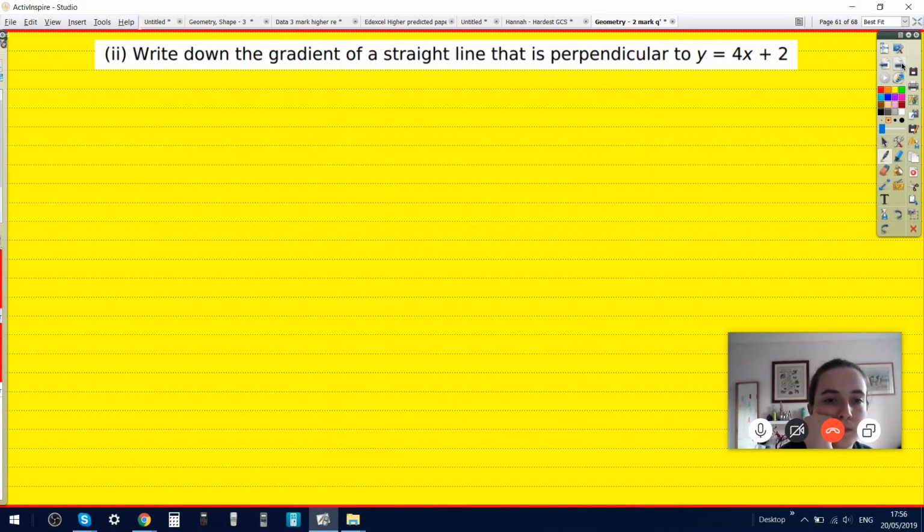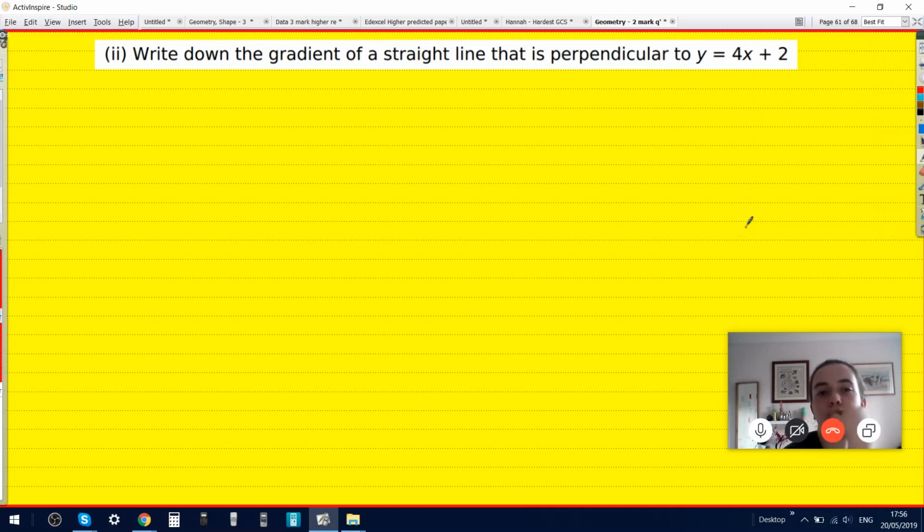Gradient. How about this one? Y equals 1/4 x plus 2. They just want the gradient.